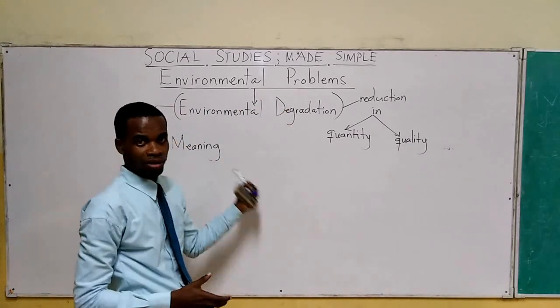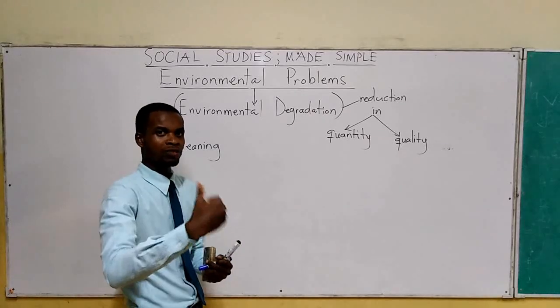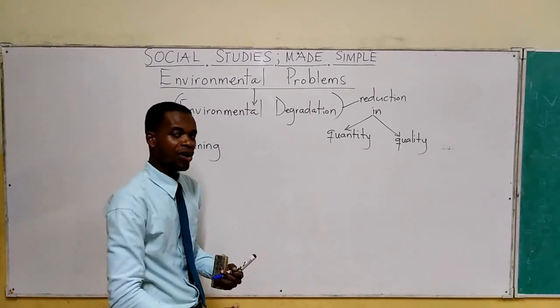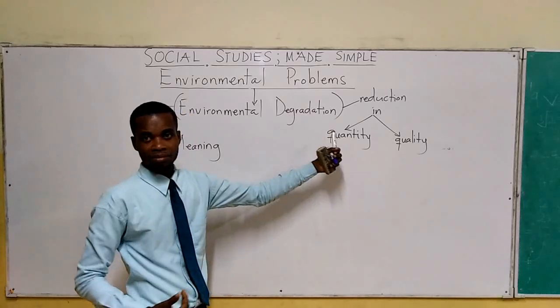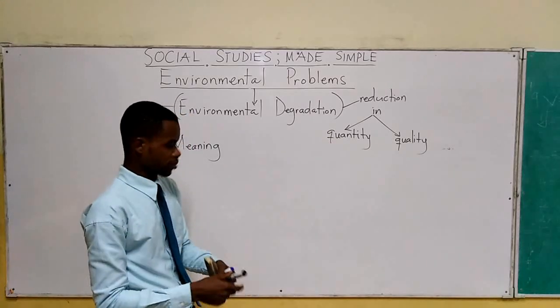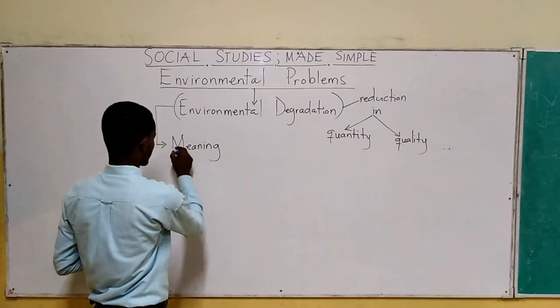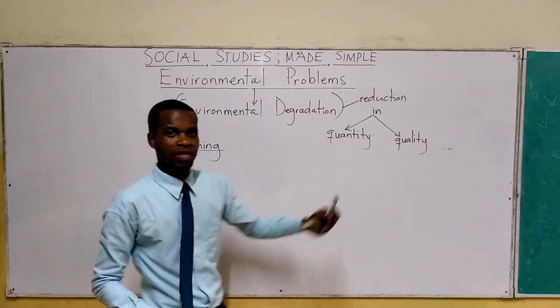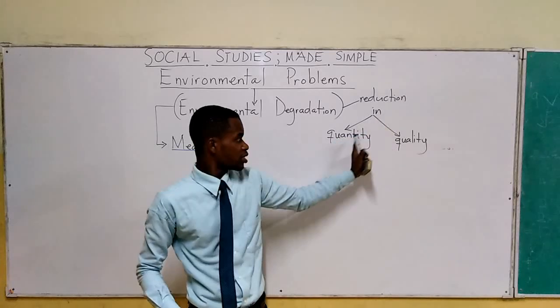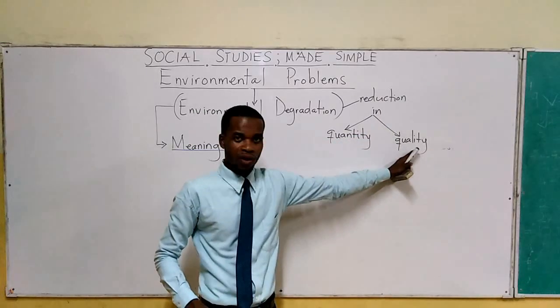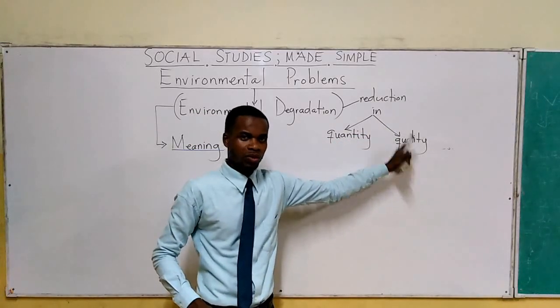So the arrows are just to give you the breakdown of the terms or the keywords. Now let's look at the meaning. If there is a reduction in the quantity and quality of what?